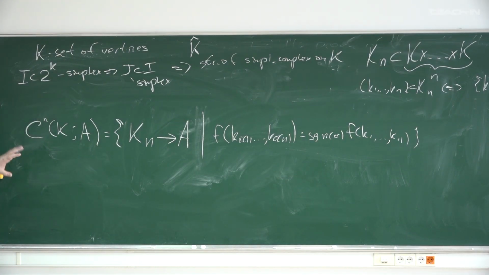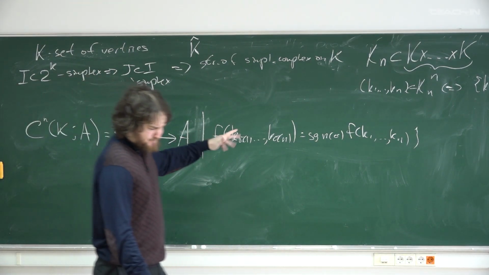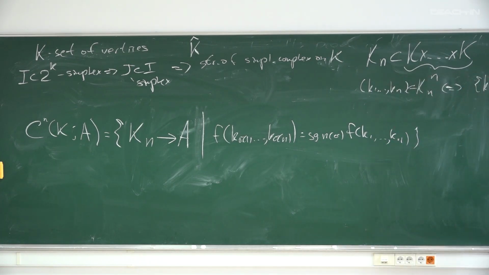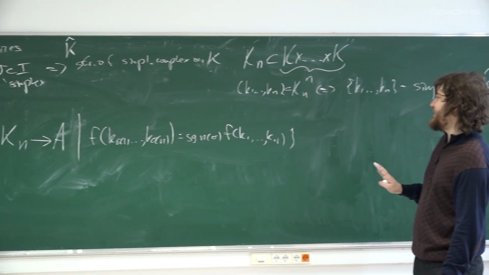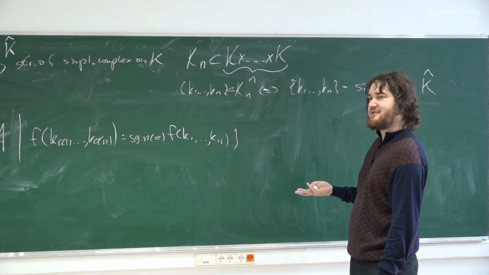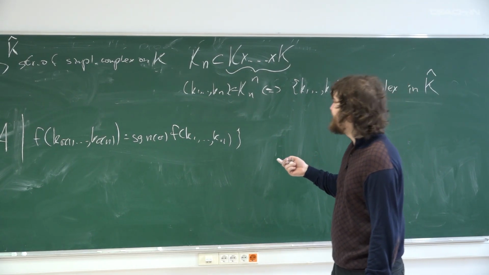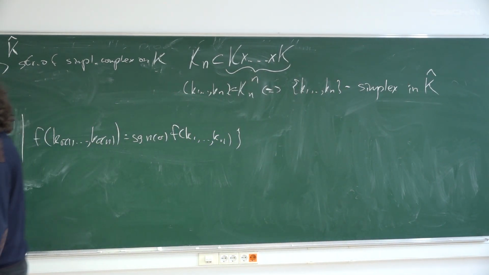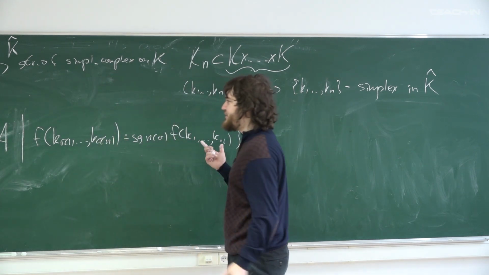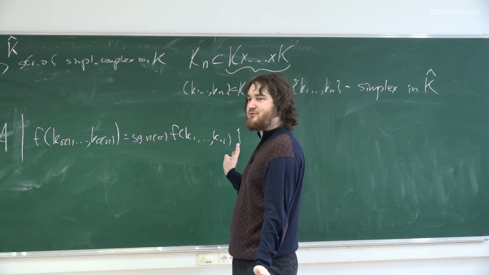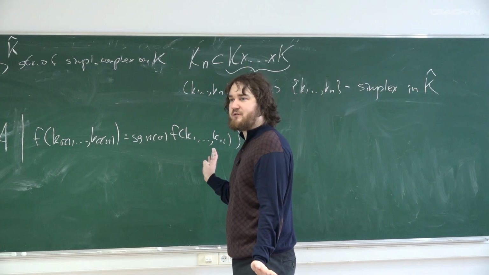It's a well-known fact that this property does not influence the cohomology. With this assumption, the cohomology of this simplicial cochain complex is the same as the usual simplicial cohomology of the simplicial complex.